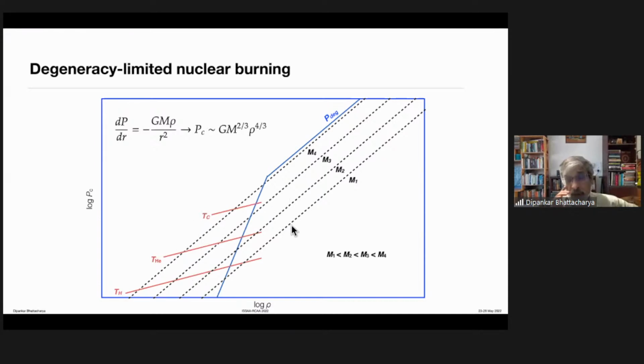So now I have drawn only those temperature lines which are the threshold of igniting different stages of nuclear reaction. So for example, hydrogen burning threshold is here. So once the star meets this line, you will get into main sequence. Once main sequence stage is over, the star will proceed along this line until helium ignites over here. And then when helium exhaustion occurs, it will again proceed along this line until carbon ignition occurs, and so on and so forth.